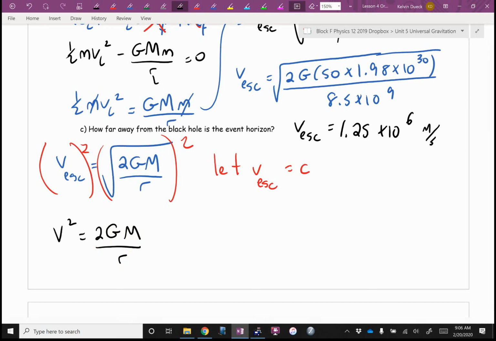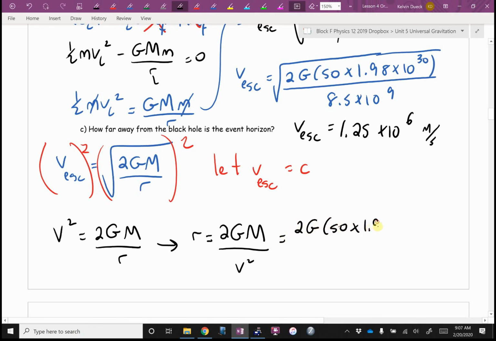Technically not a swappy dance, we're cross multiplying, but you're saying I can multiply the r to the top and move the v squared to the bottom? Yeah. R is going to be 2 big G big M over v squared, where v is going to be 3 times 10 to the 8th, right from your formula sheet. It's going to be 2 big G 50 times 1.98 times 10.